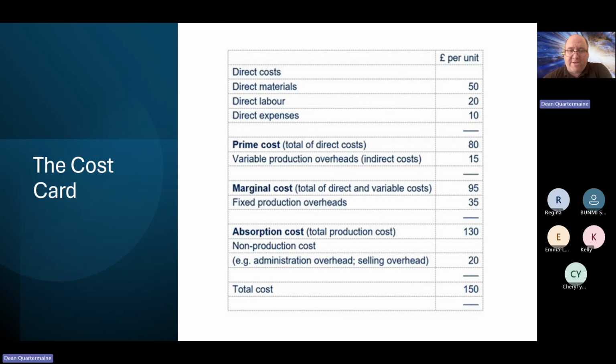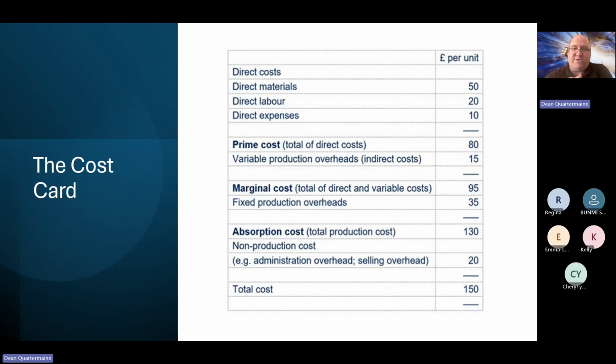So fixed production overheads get added to the marginal cost to create this thing known as absorption costing, or an absorption cost, which is the total production cost. Now, it's the total production cost, not the total cost, because then you've got to add non-production cost.